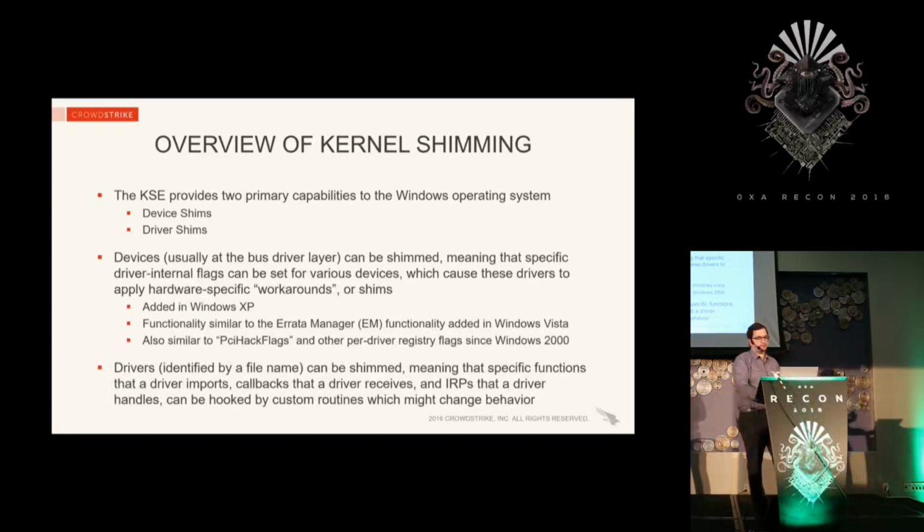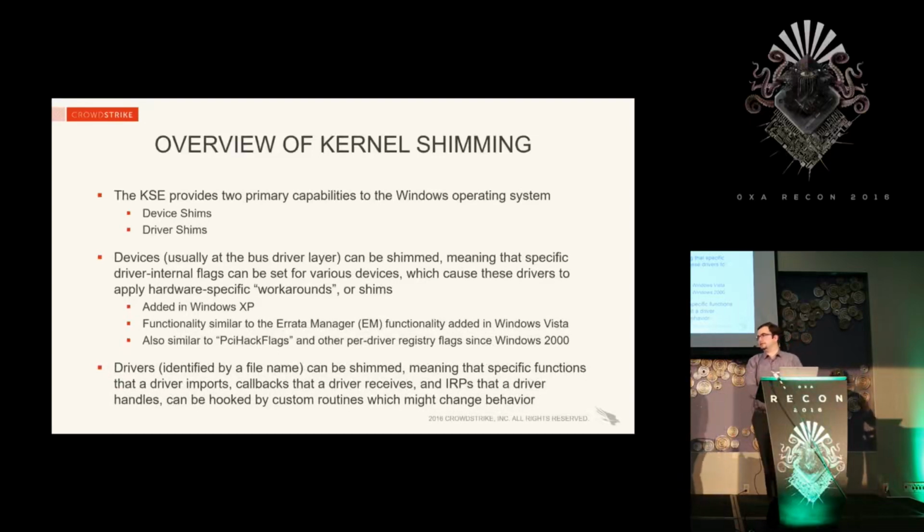For example, if you have some sort of weird USB device that requires 1 millisecond instead of half a millisecond to reinitialize itself, there's going to be a hack flag that basically says, required, but flag number 4. And it's associated with this hardware ID. This way, the driver sees, oh, you've got a device that has flag number 4 active. Well, that means that I have to wait a little bit longer when reinitializing the device.